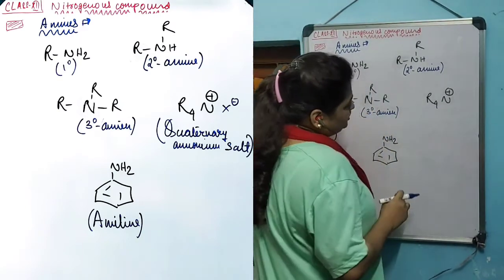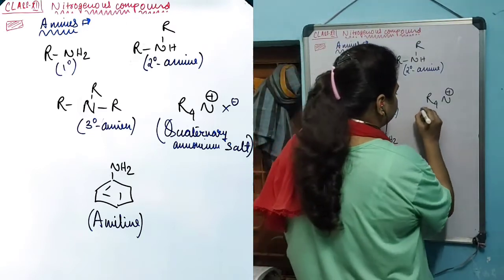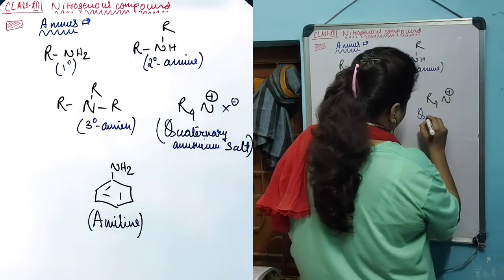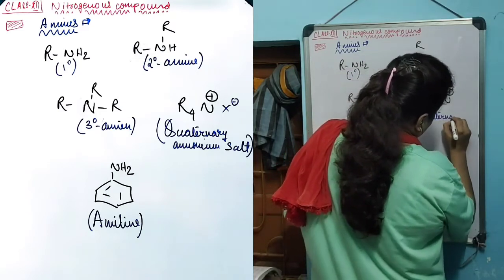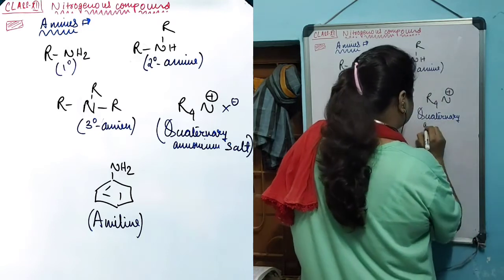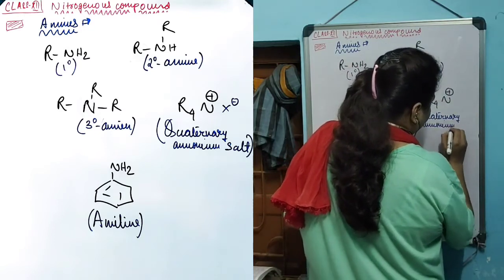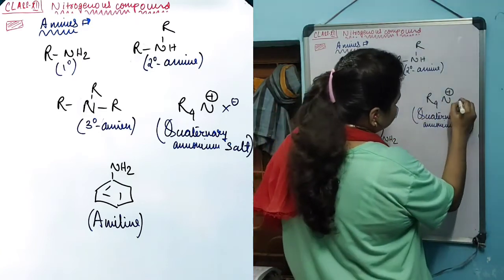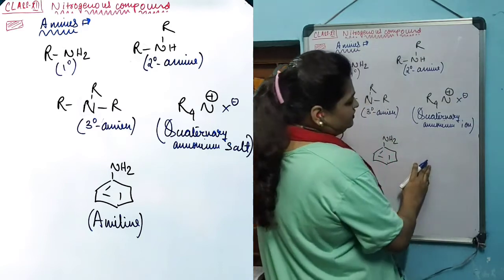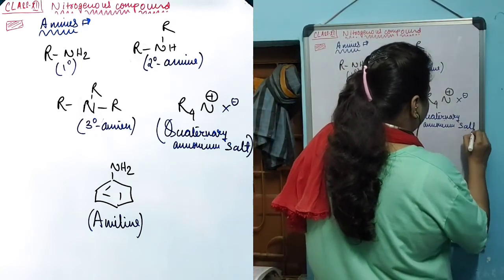The last one, in which even the lone pair has been donated to an alkyl group, is known as quaternary ammonium ion. If there is an X which neutralizes this ion, then it is known as quaternary ammonium salt.